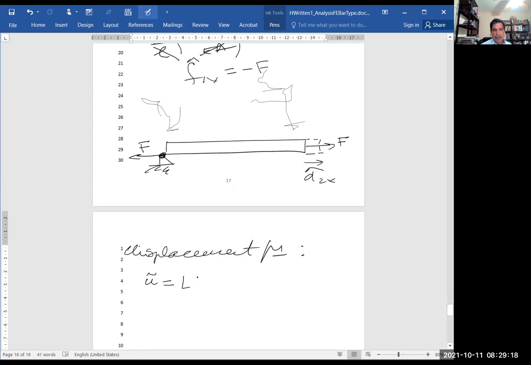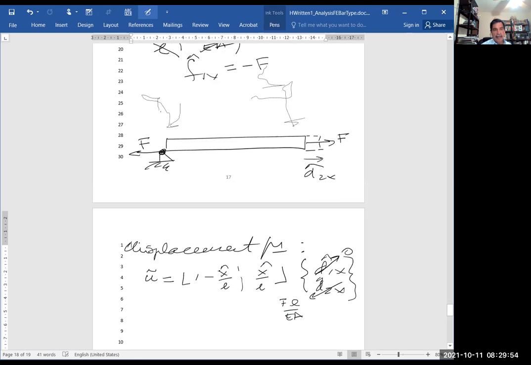So remember, this is 1 minus x over L, x over L, multiplied by d1x, d2x. This is something that we assume, because this is not necessarily correct. In this case, this is 0, and the other one we just found, so this is equal to FL over EA.